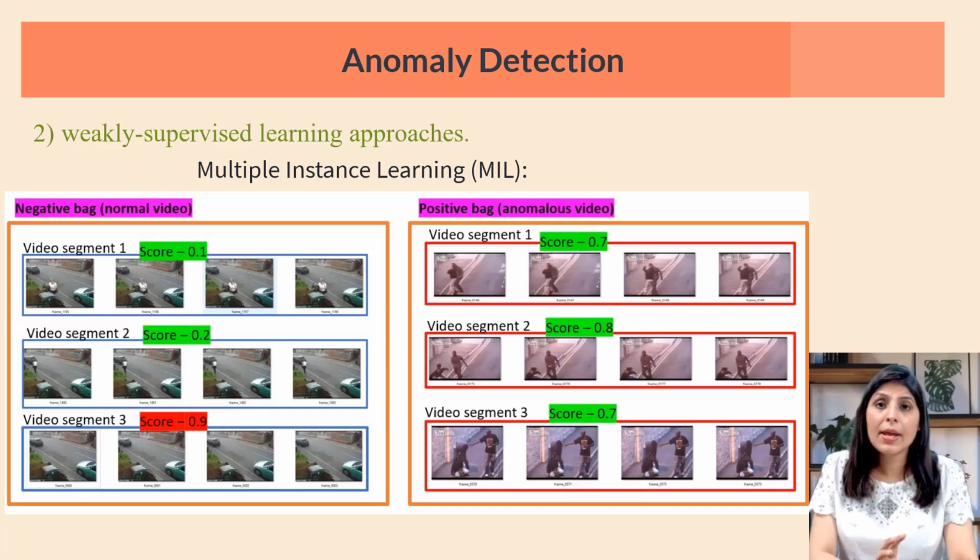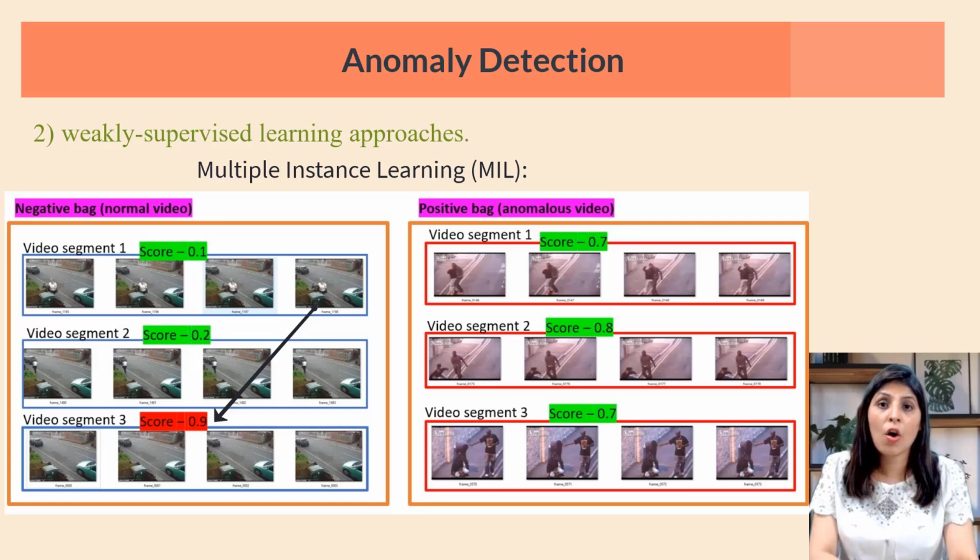If the maximum anomaly score of a negative bag is higher than that of a positive bag, it means the model incorrectly considered the normal video as more anomalous than the actual anomalous video, and this is a mistake. To correct this mistake, the model is penalized.